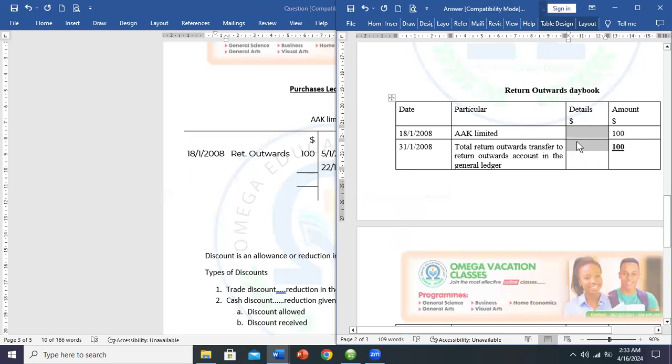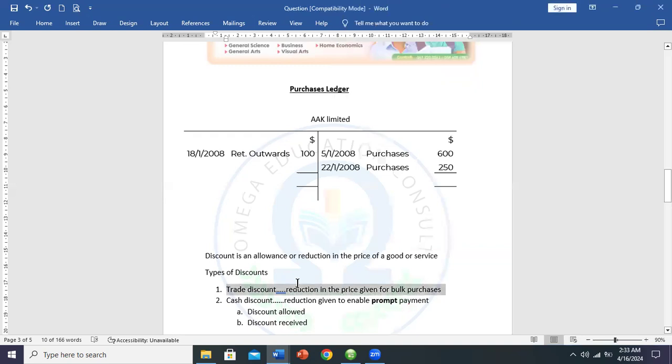And I also mentioned that sometimes you would see several items, like maybe bought 10 bags of cement, 20 iron rods. So you have to do the calculation for all these items, right? So you do all these things under the details column. So now I've given you a hint what to do when you see this trade discount.